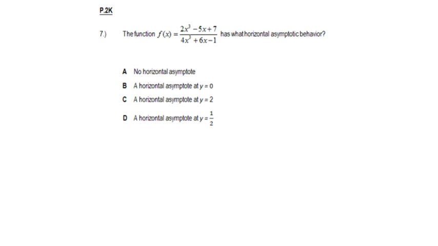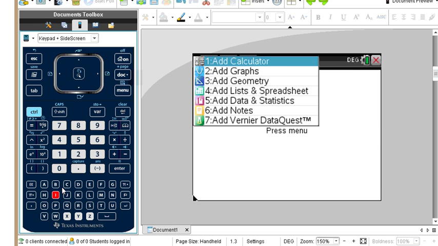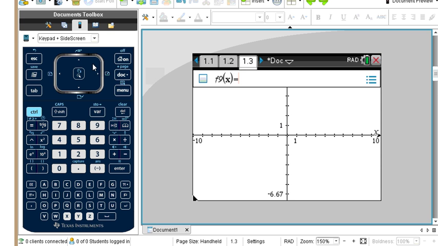Next, 7. The function f of x equals 2x cubed minus 5x plus 7 over 4x cubed plus 6x minus 1 has what horizontal asymptotic behavior? And I pre-loaded this function here.